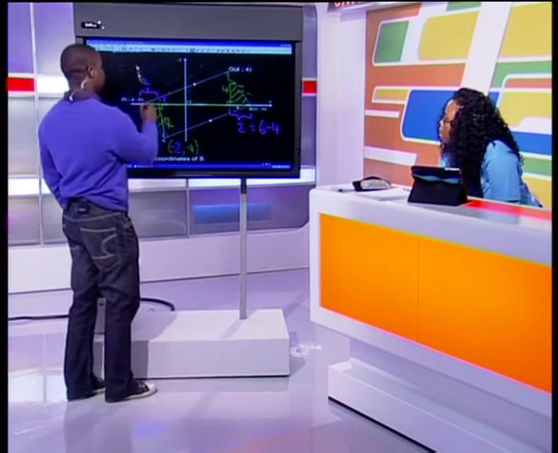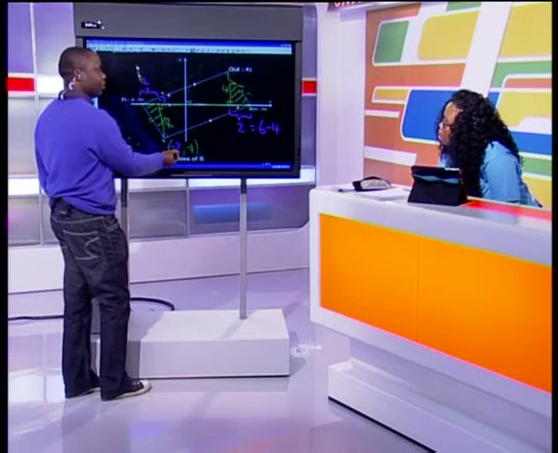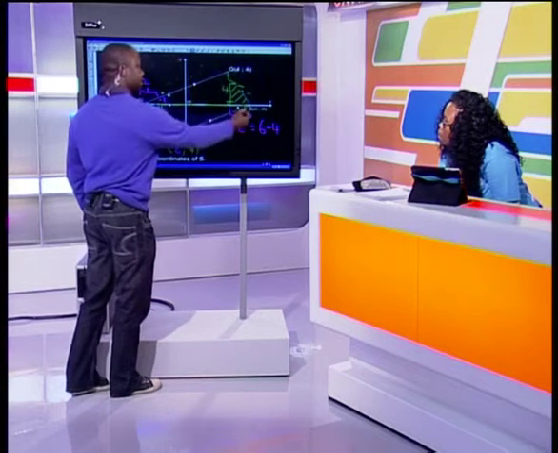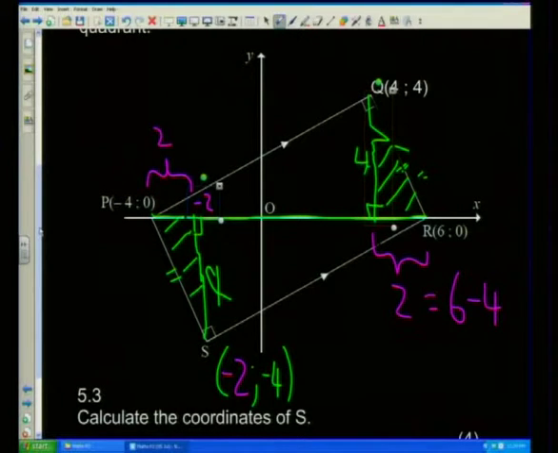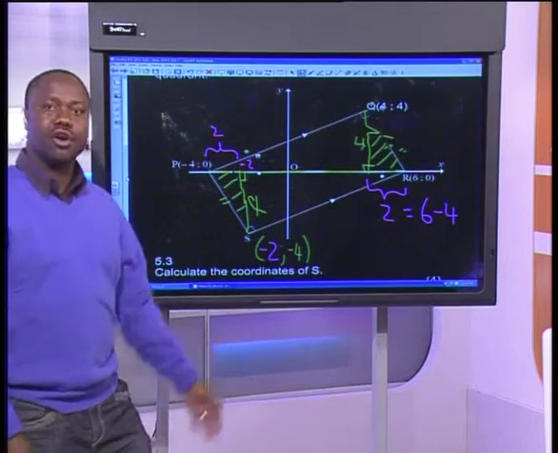Of course, you could have done this another way of saying, all right, PQ is equal to SR. If deducing -4 was not a problem, let's say you don't know X. Then you can just say this SR is the same as PQ because you've got a rectangle. And you can work out that equation and obtain your X coordinate.